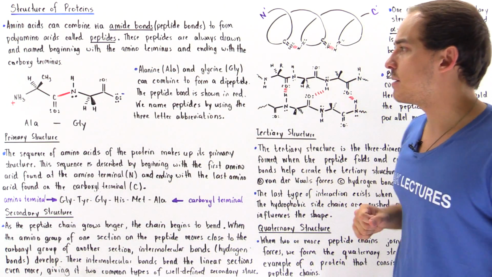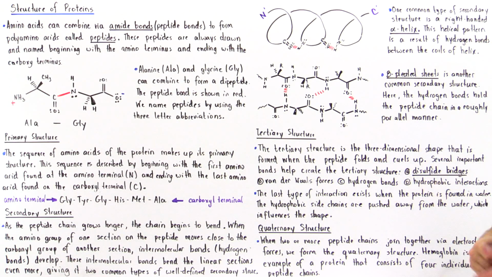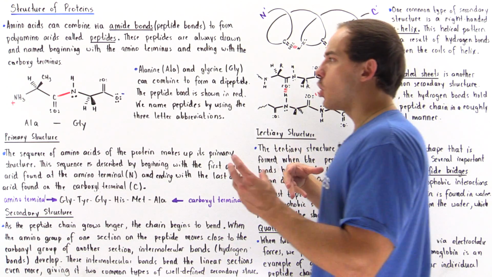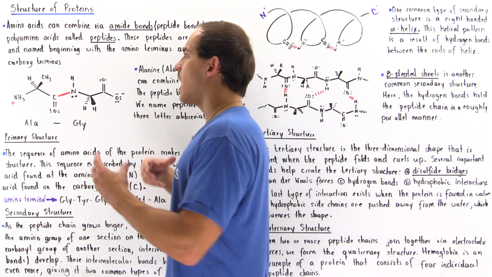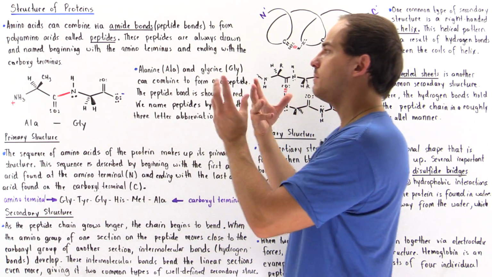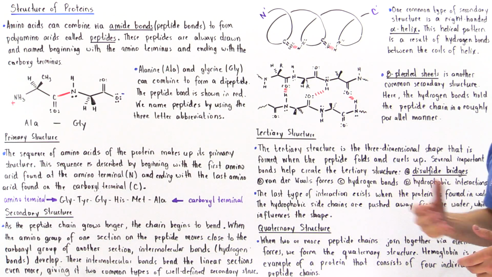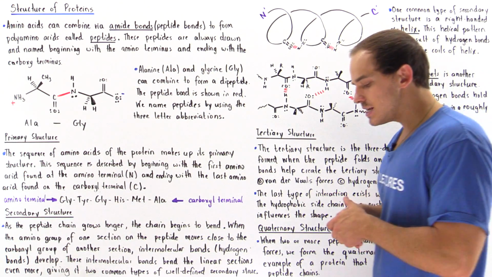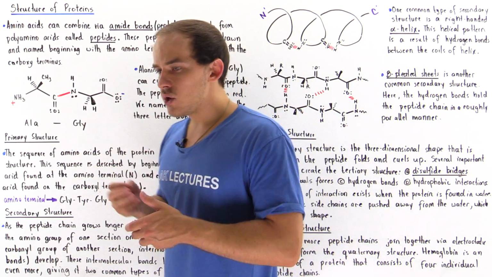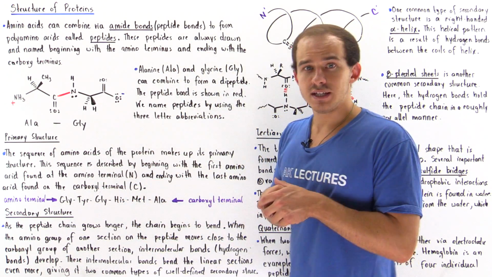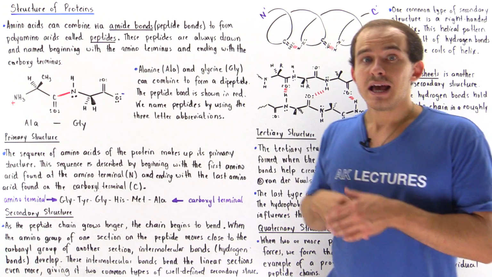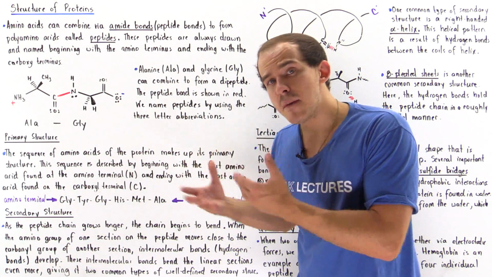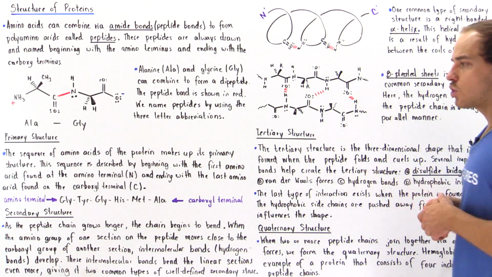We usually name the polypeptides by using three-letter abbreviations, always beginning with the amino acid on our amino end and ending with the amino acid on our carboxylate ion end. Now, the sequence of amino acids in any given protein, in any given peptide, makes up the primary structure of that protein.